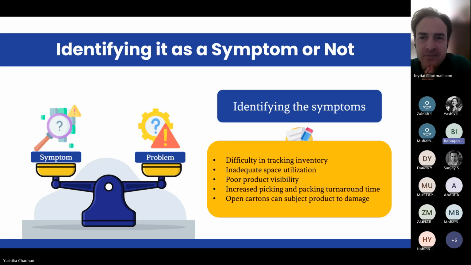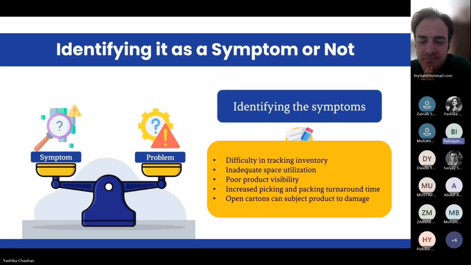I think these are symptoms of the problem identified. Going back to the picture, you can see that the cartons are vertically arranged.